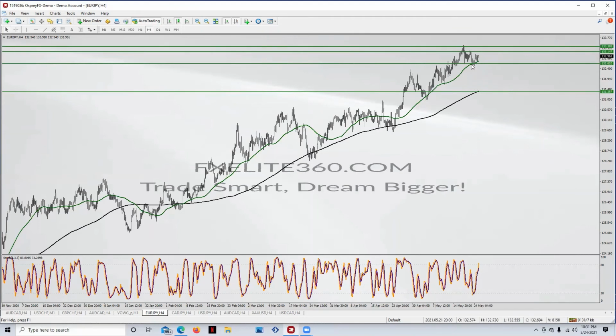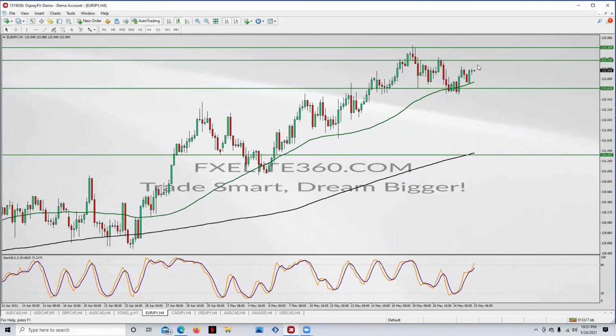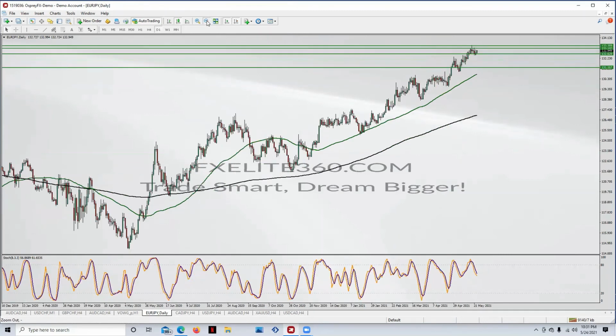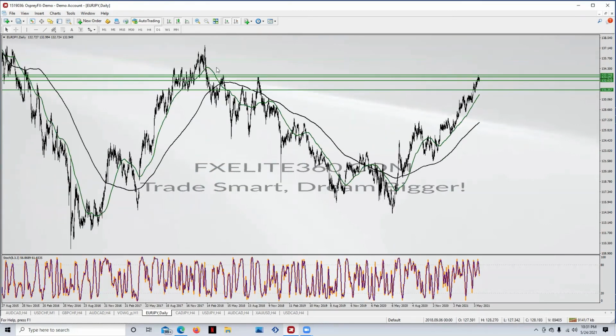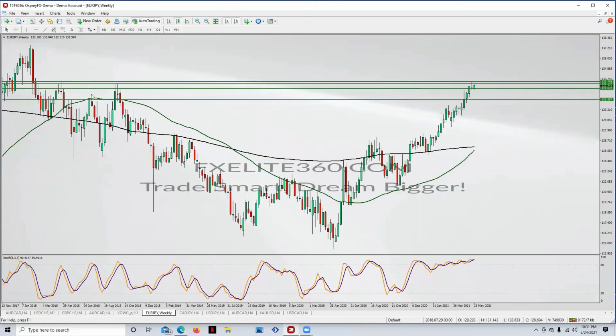But I need the 55 moving average to break, which will happen probably this week. Probably, because trading is probabilities. Okay, but this is a daily. If I zoom out, here's a massive level, daily and weekly, right here.